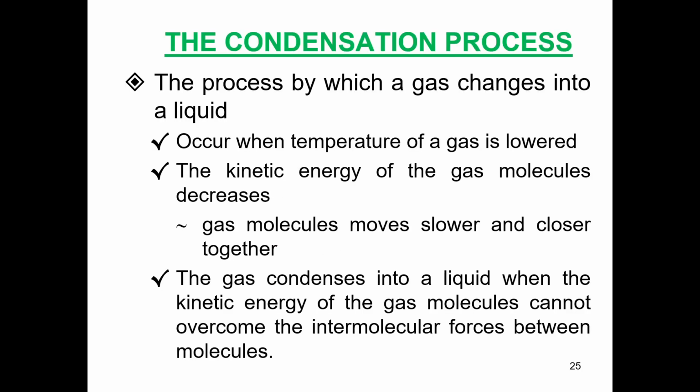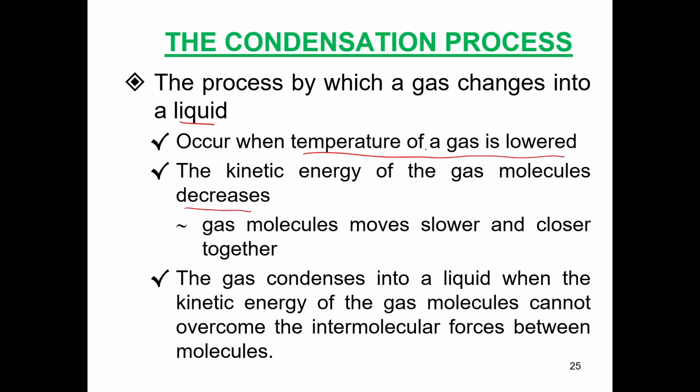Okay, the second process is condensation. So condensation, gas change to liquid. Okay, tadi liquid change to gas. So gas change to liquid occurs when the kinetic energy is lower, sebab dia sekarang bertukar jadi liquid. So kinetic energy of the gas decreases. How? By lowering the temperature.